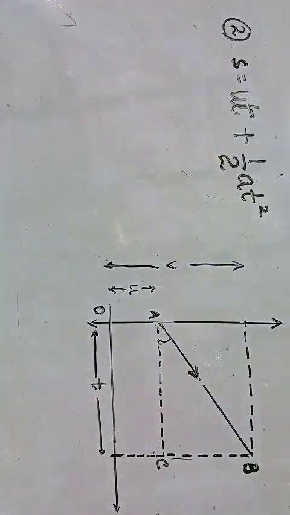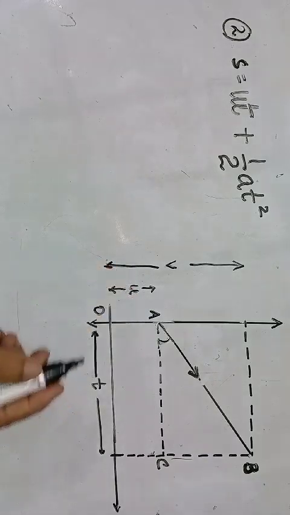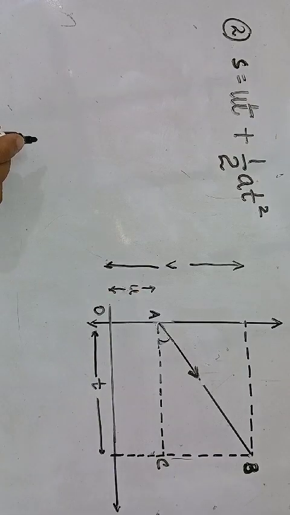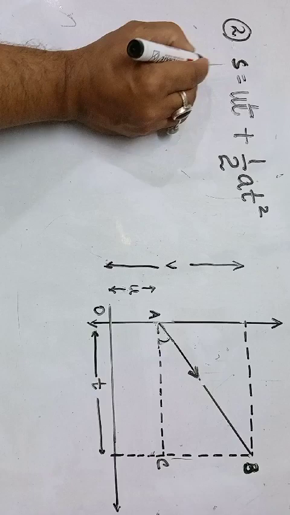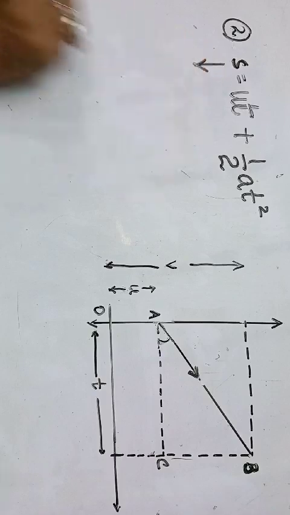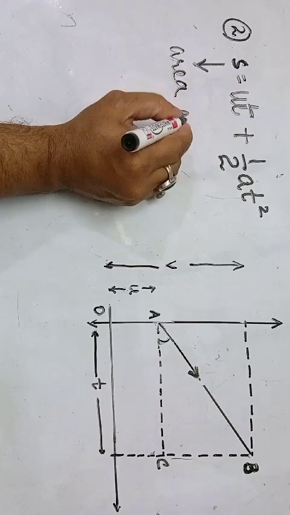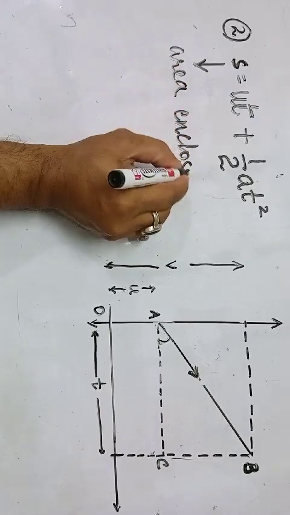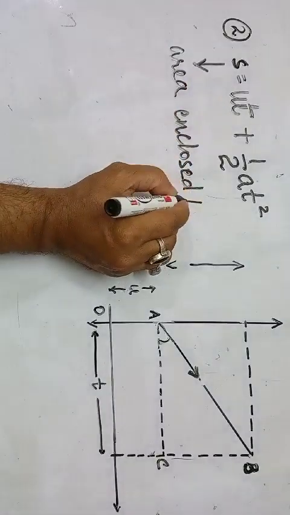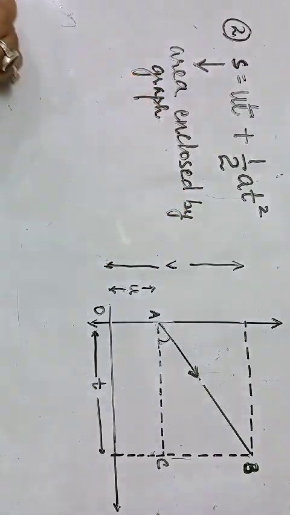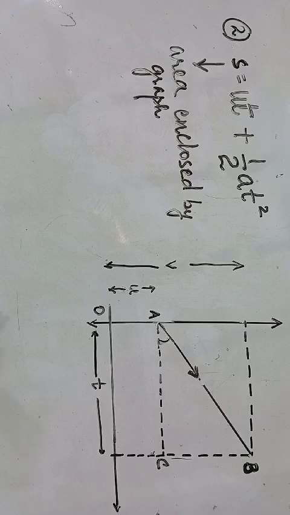So if you remember again, when we were discussing the graphical analysis of motion, we discussed that in a V versus T graph, which is velocity versus time graph, if you want to find out S, which is displacement, you have to find out the area enclosed by the graph.